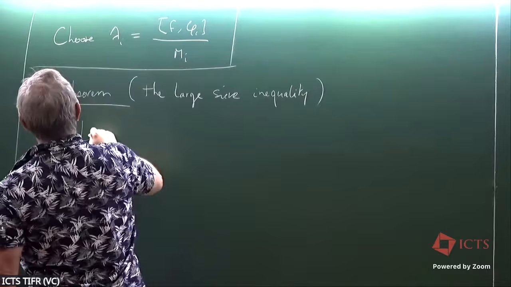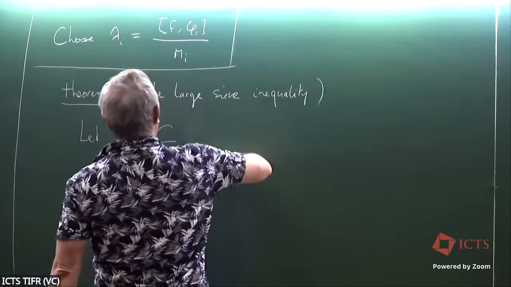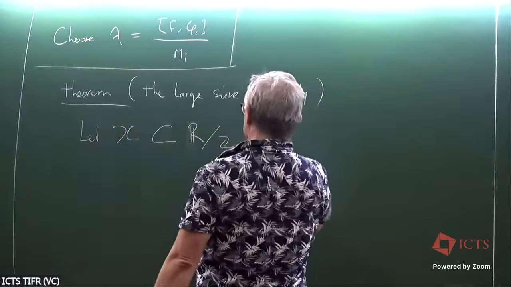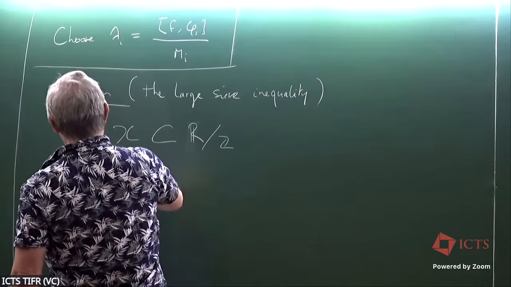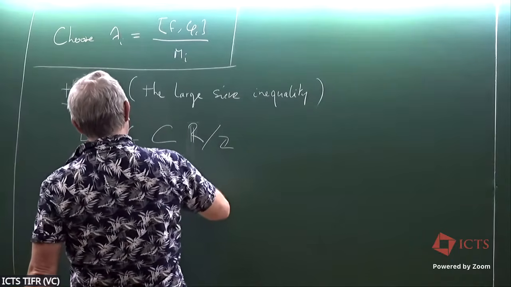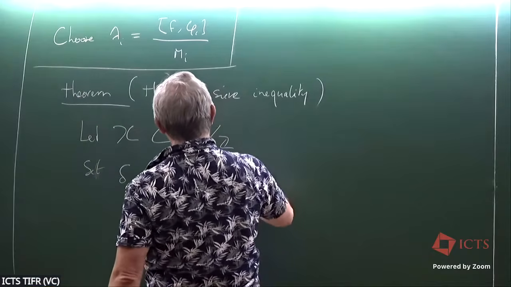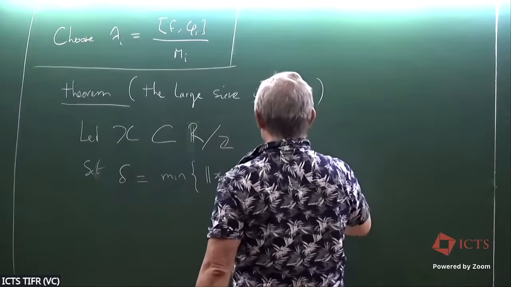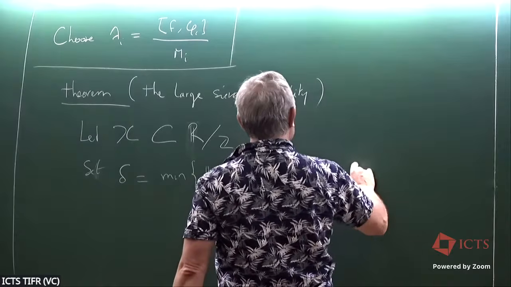So let X be a finite set of points in the torus. Set delta equal the minimum of distance to the nearest integer of x minus x prime for x prime belonging to my set X, and of course different.